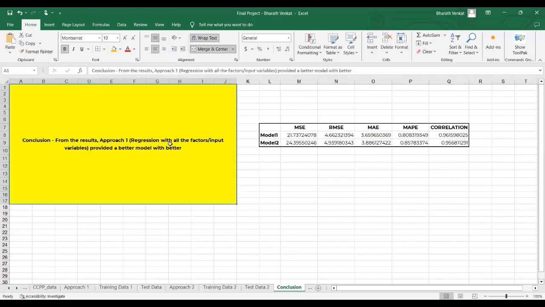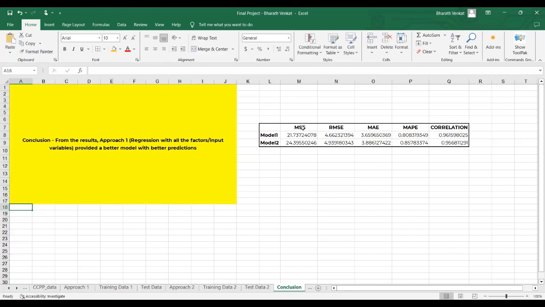From the results, approach 1, a regression with all factors as inputs, provided a better model with better predictions. Comparing the values, you see that model 1 had a better correlation, a lower MAPE, a lower MAE, a lower root mean square error value, and an overall lower mean square error. So that's about this.